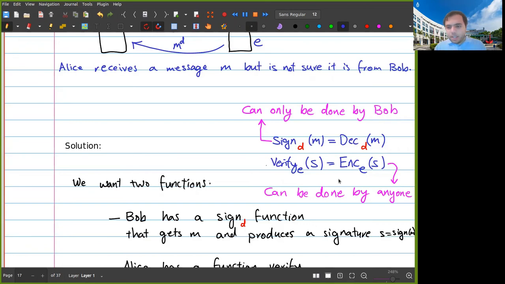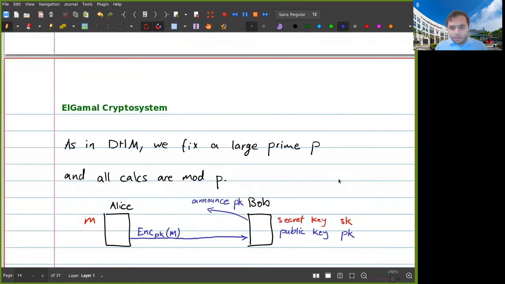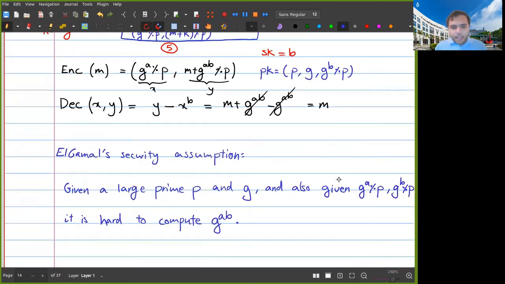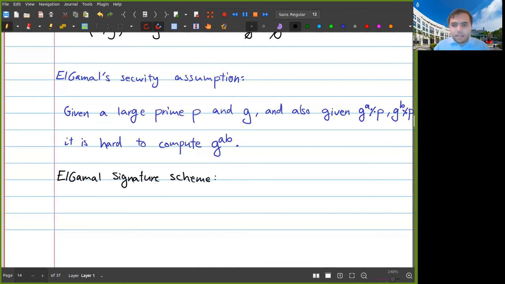So this same idea can also be applied to ElGamal's crypto system, right? So I can have signatures here as well. I can have a new definition of digital signatures, which is again very much like the same idea that we had before. So this is called the ElGamal signature scheme. And the idea is again very much like before.